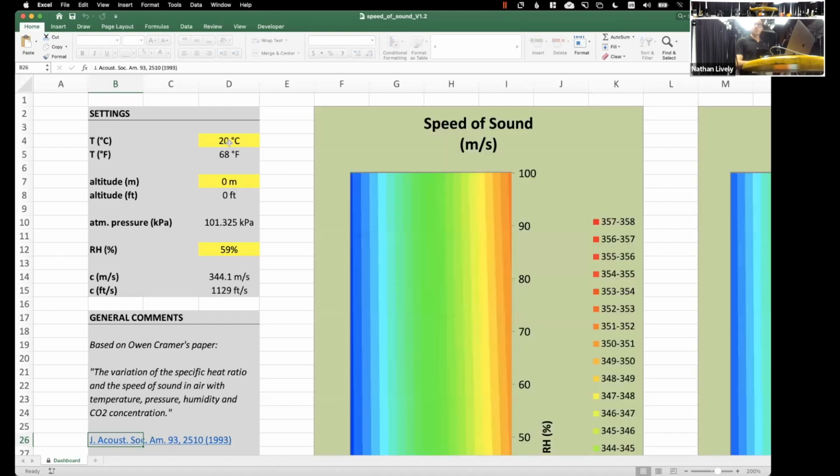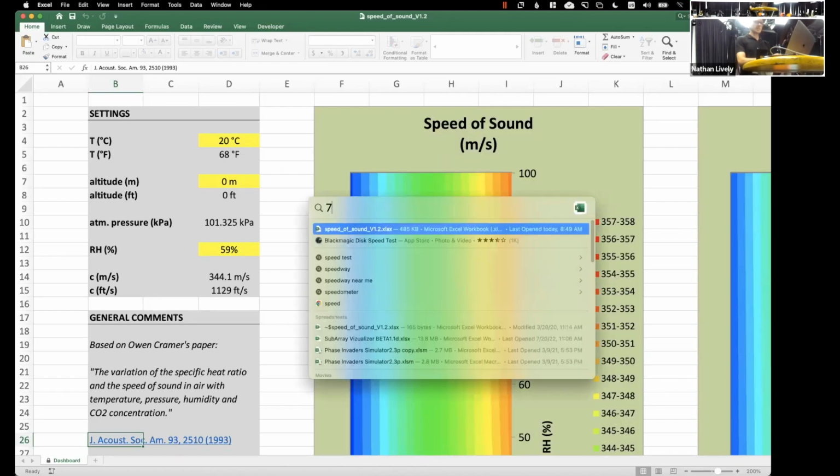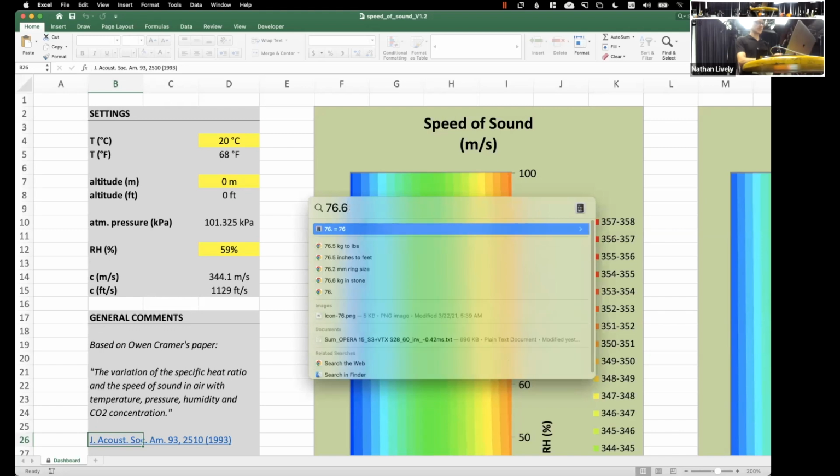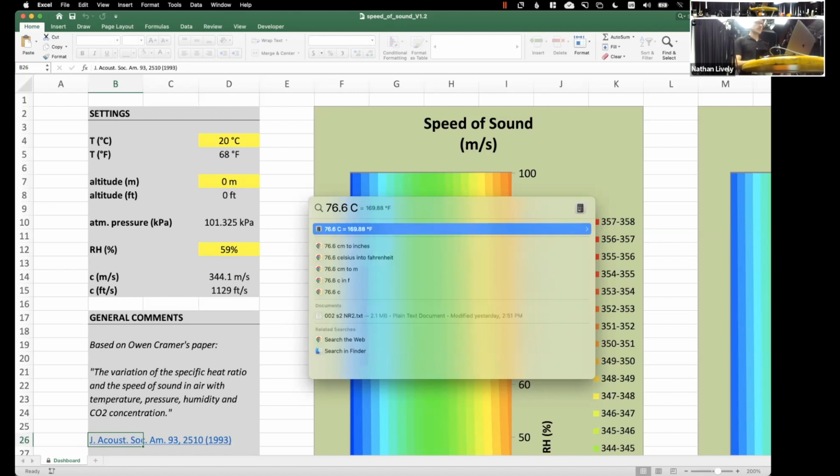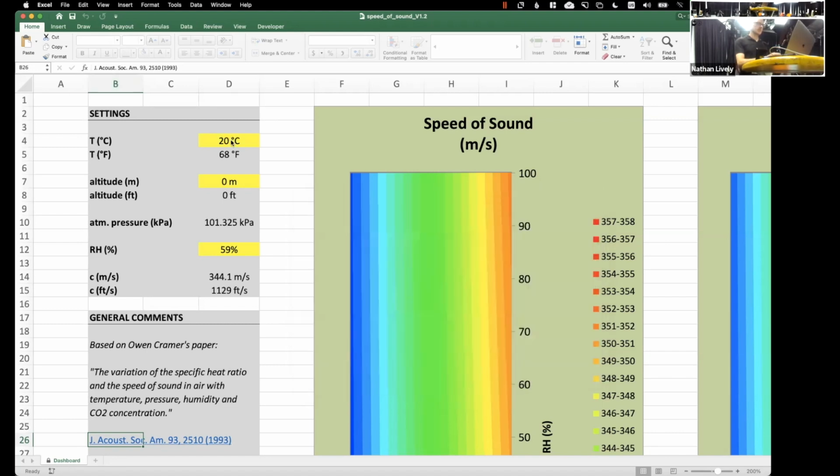And so I would look up 76.6 degrees Fahrenheit in Celsius. Whoops. So that's 24.78. Is that correct? Sounds about right.